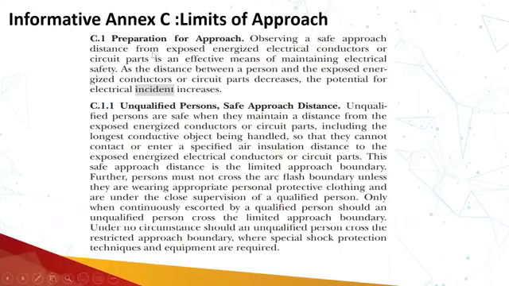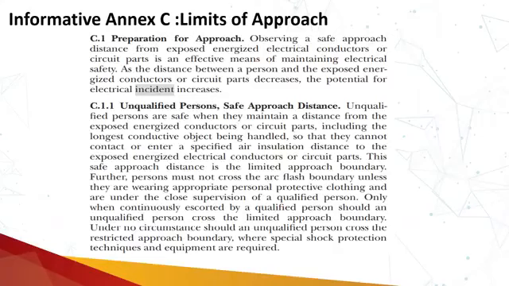Observing a safe approach distance from exposed energized electric conductor or circuit parts is an effective means of maintaining electrical safety. As the distance between the person and the exposed energized conductor or circuit part decreases, the potential for electrical incidents increases.